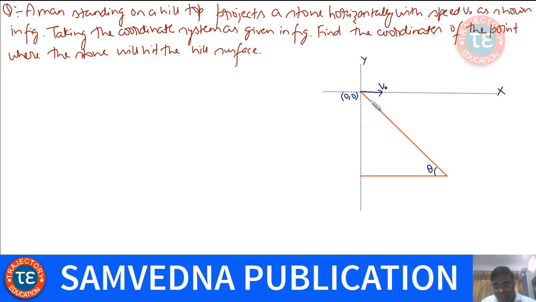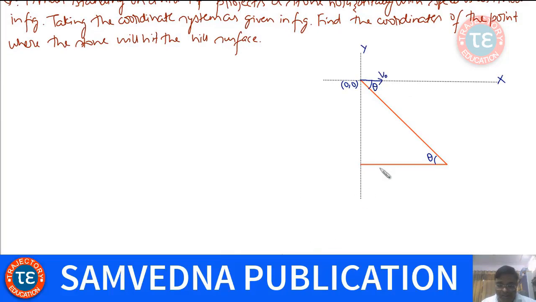This is going to be theta. So your alpha is theta now, and this is going to move like this. And we have to find the coordinate of this point.